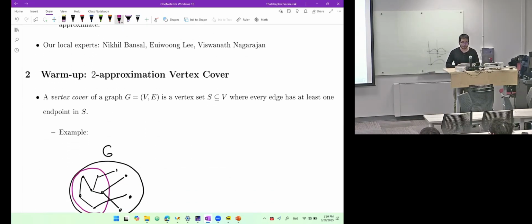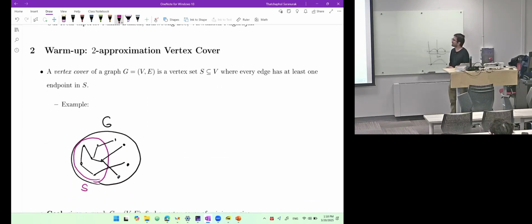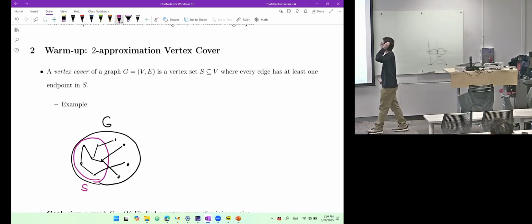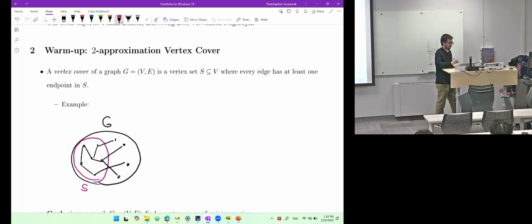So let's look at a really simple first approximation algorithm, for vertex cover. Recall that a vertex cover of a graph is a vertex set S such that every edge has at least one endpoint in S. Like this: if this is a graph, then this set is a vertex cover because there is no edge like this, nothing like this.